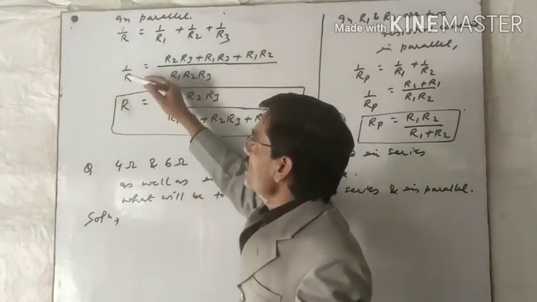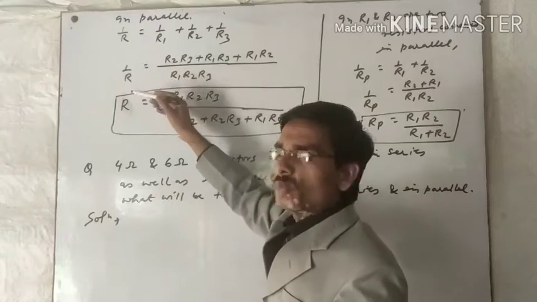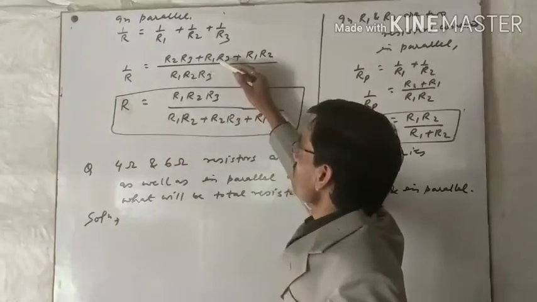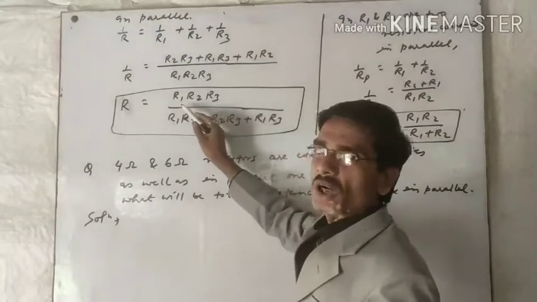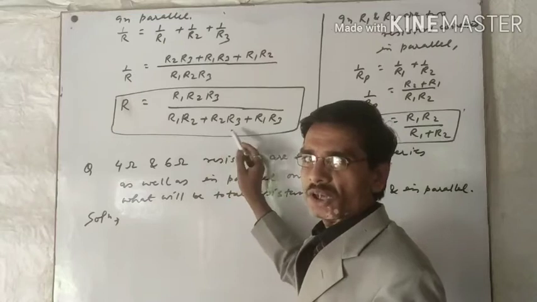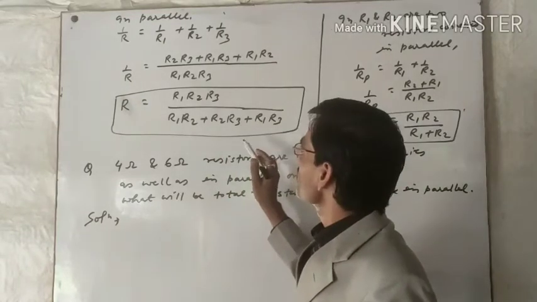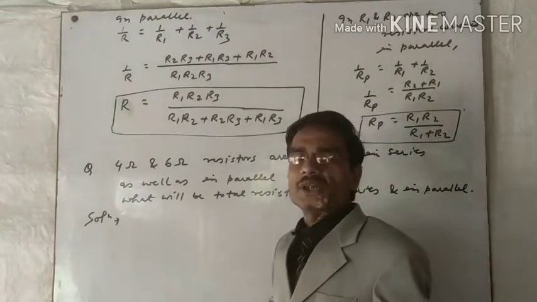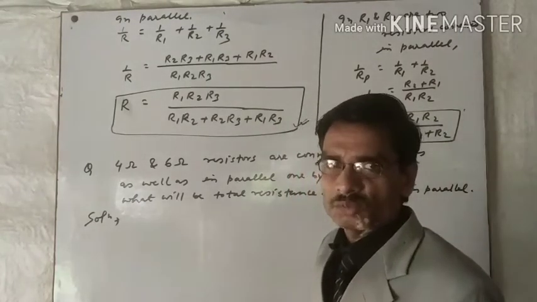If this value is inversed, 1 by R को पलट दिया जाए तो R इक्वल टू, ये वैल्यू भी पलट जाता है, तो R1, R2, R3 by R1, R2 plus R2, R3 plus R3, R1. This is the resultant resistance when three resistors are connected in parallel combination.